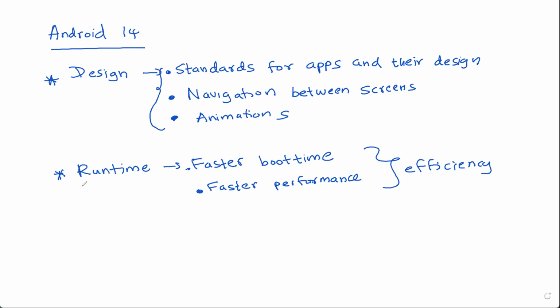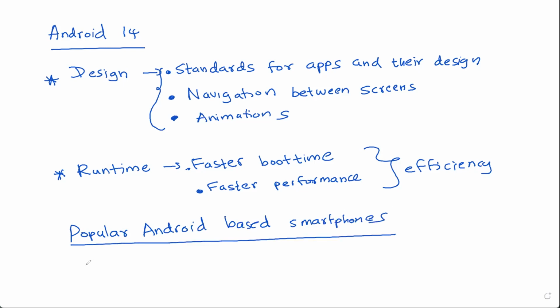So anyway, currently Android based smartphones are popular in the world. There are many popular Android based smartphones such as the Samsung S20, which is one of the latest smartphones.